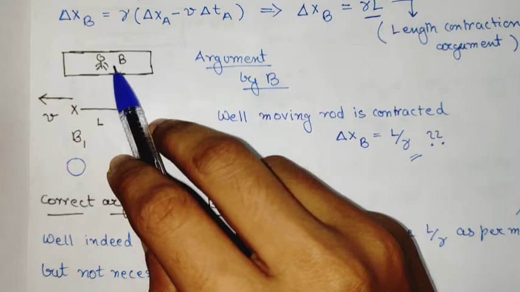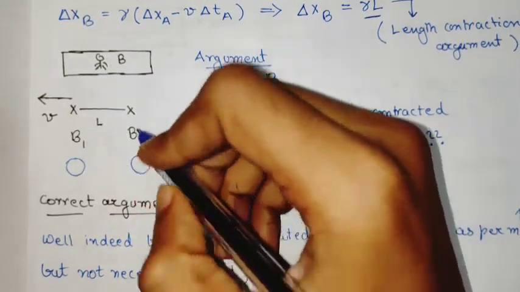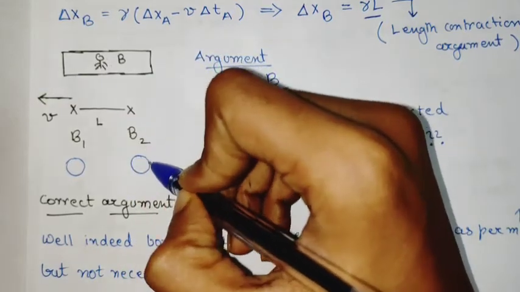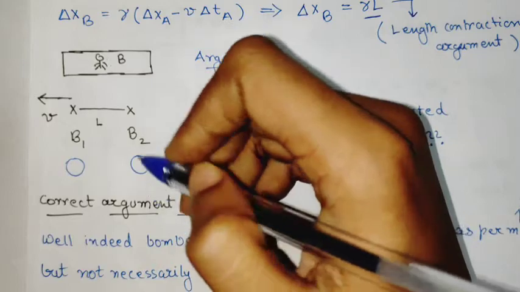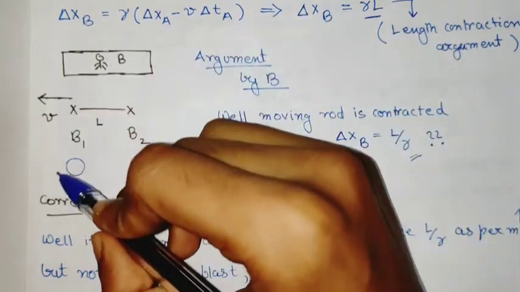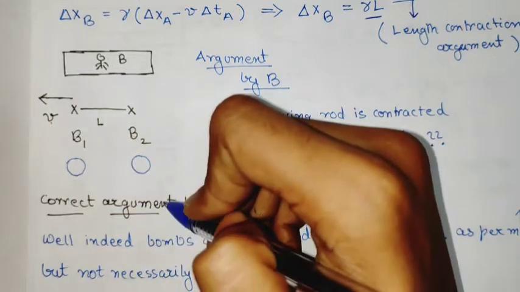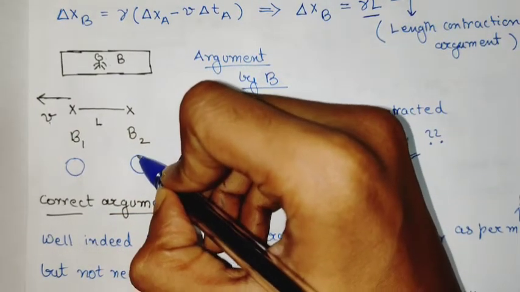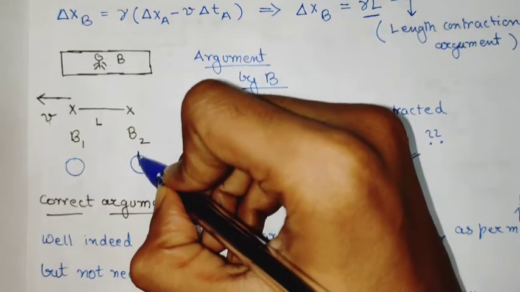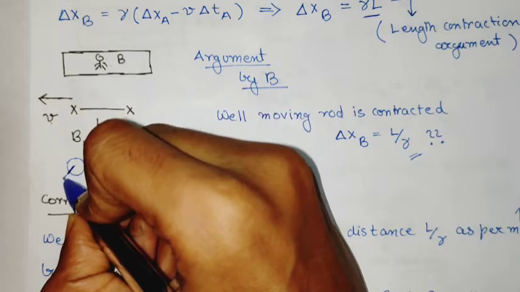When Bob is at rest in his own frame and looks at A's clocks, which are attached to the bombs, because the frame in which the bombs are is moving with a velocity v, the clock that is in the rear end will show a time that is more than the clock that is in the front.